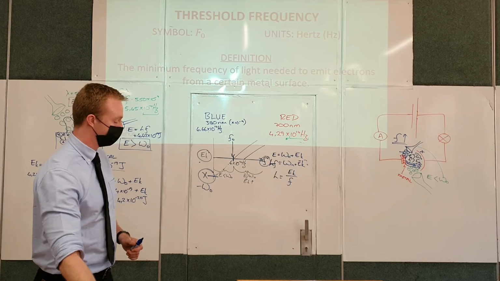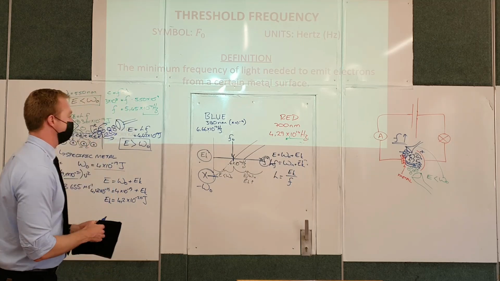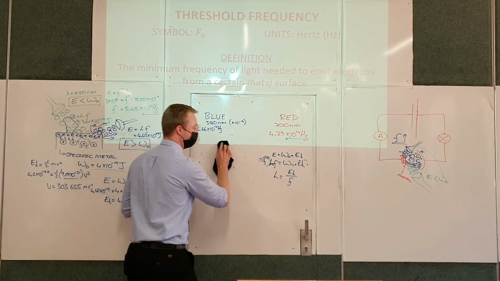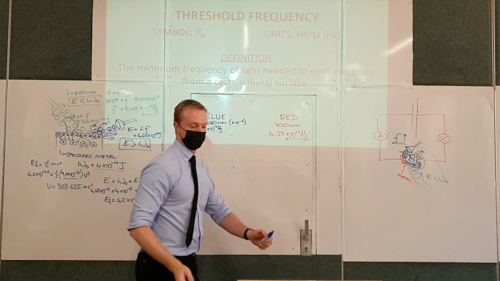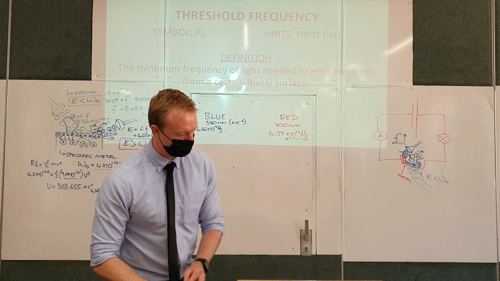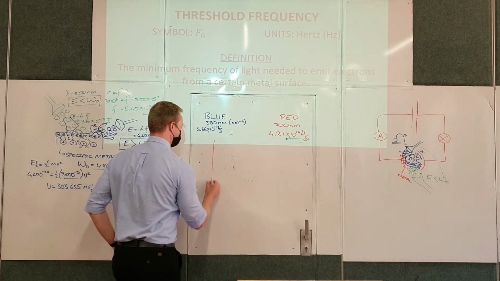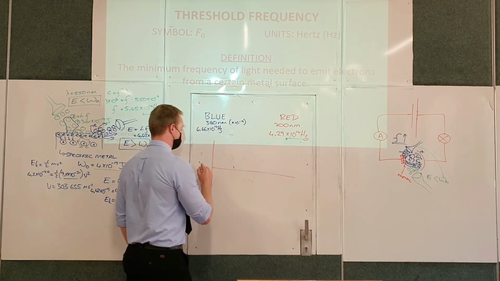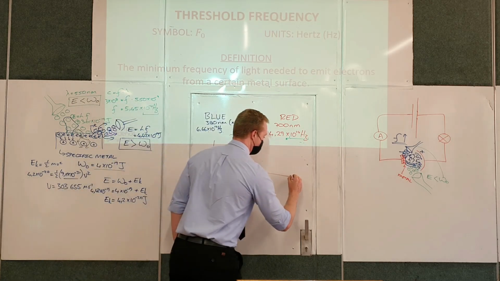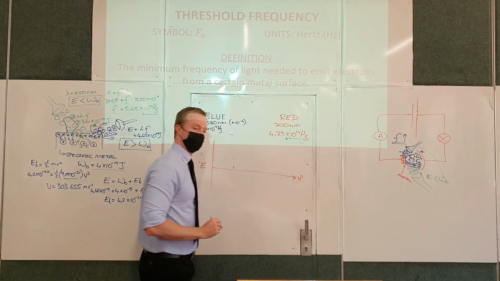And then finally, the last type of graph that is not as common, that also comes up though, is a graph of kinetic energy versus velocity. Sorry, photon energy versus velocity. So here we have on the y-axis our photon energy, and on the x-axis our velocity squared.